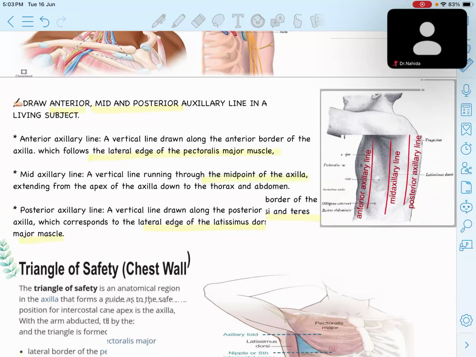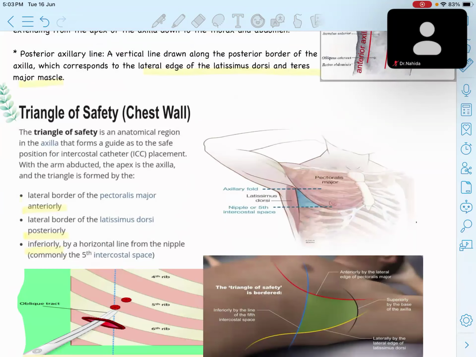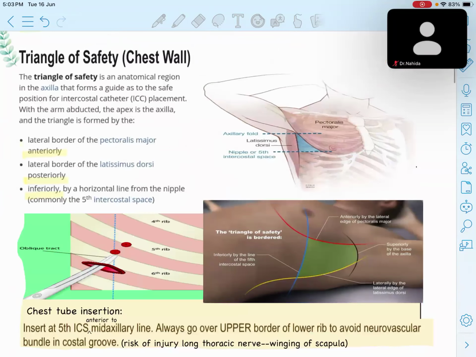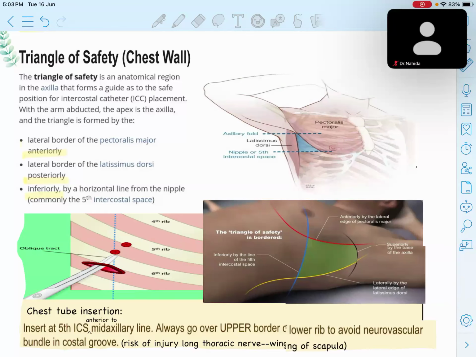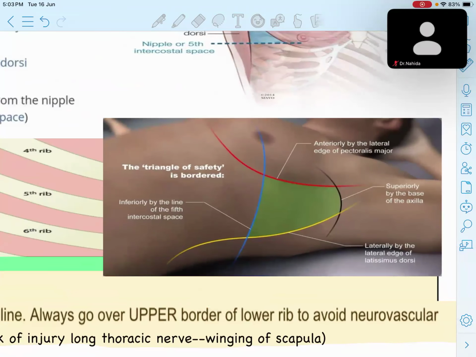Then a 3-star question: triangle of safety. We should know it because it is very important in our clinical practice also. We have to know the boundaries of the triangle of safety. Come to this image; it is a very good image for it. Superiorly, or the apex, it is bounded by the base of the axilla.